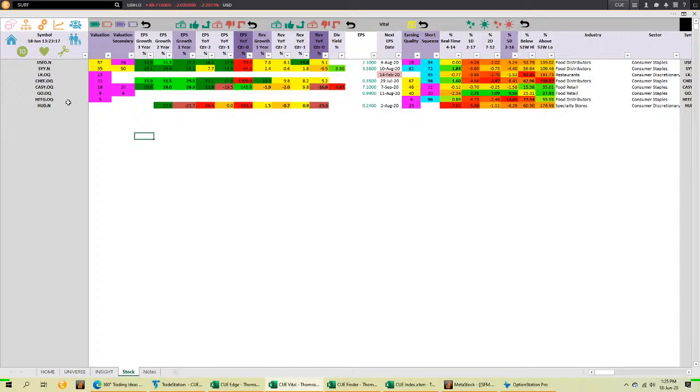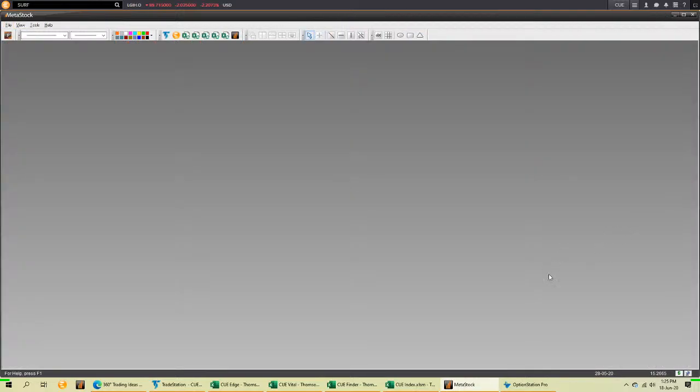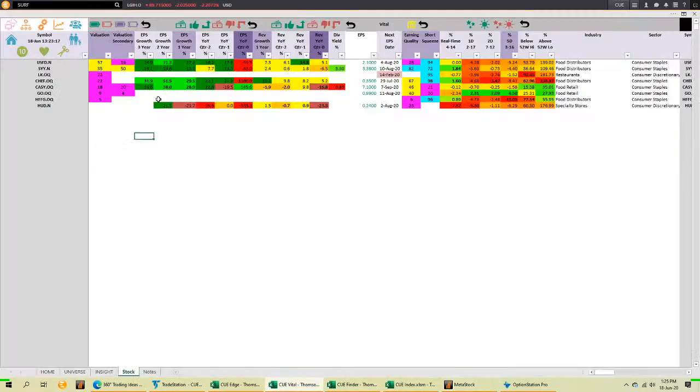Why don't we do that? Let's look at these few stocks and see that, like SFM gave a shorting opportunity here, did the other stocks give a shorting opportunity? Let me close these stocks that I had open and go back to Q Vital, open all these stocks. Let me open these few stocks. Not all of them. Yes, all of them.